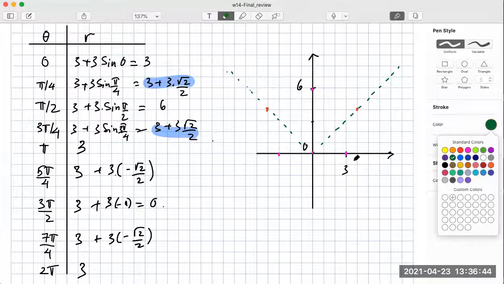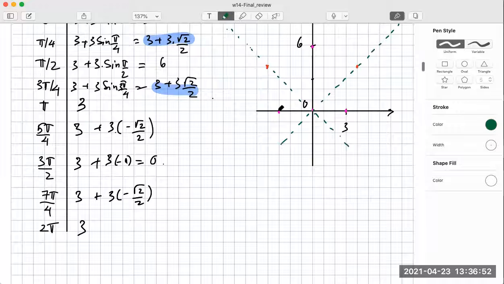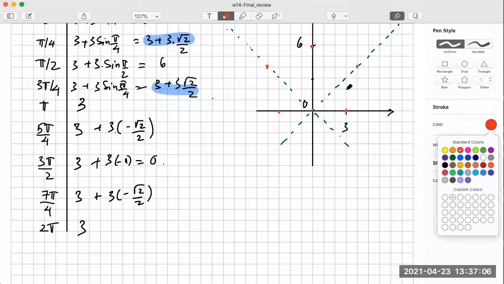So here, see, at pi, it will go back to here. And at 5 pi over 4, it is 3 minus this guy. It is 0.8, right? 0.8 is very small, somewhere here.